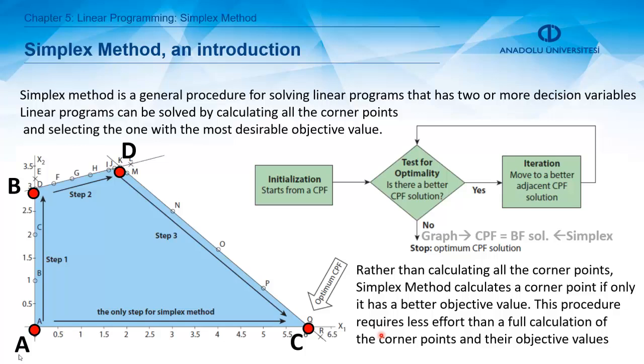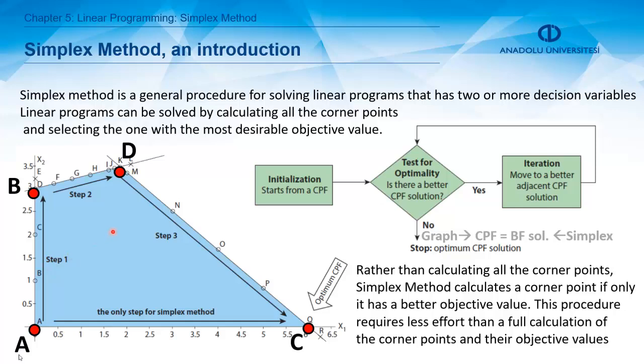Simplex Method is a general procedure for solving linear programs that has two or more decision variables. Here at the left hand side of this slide we have a feasible region of a linear program, drawn on a two-dimensional plane. The points A, B, C and D are the corner points of this feasible region.